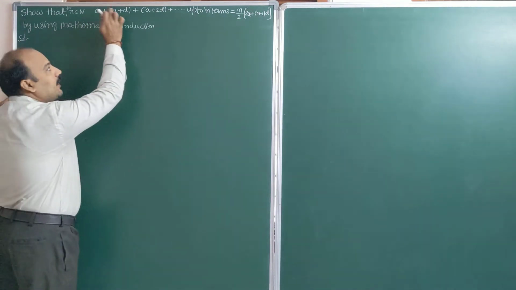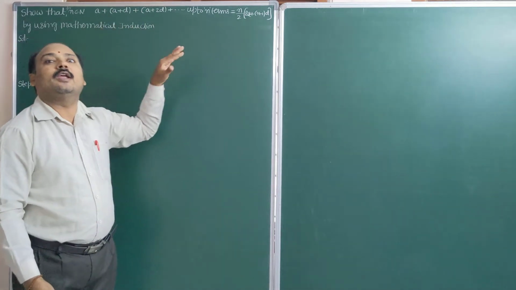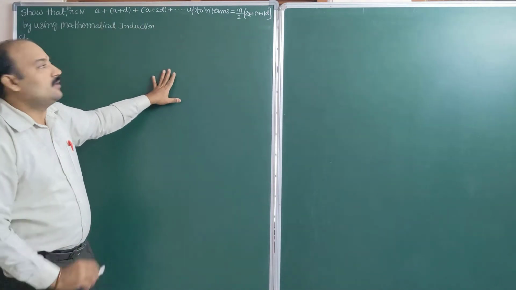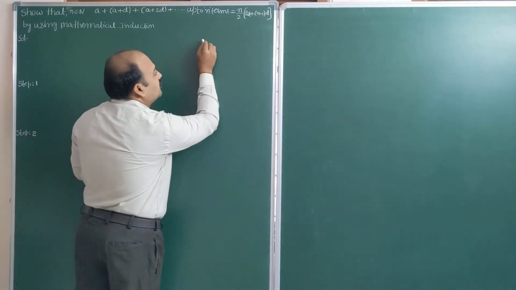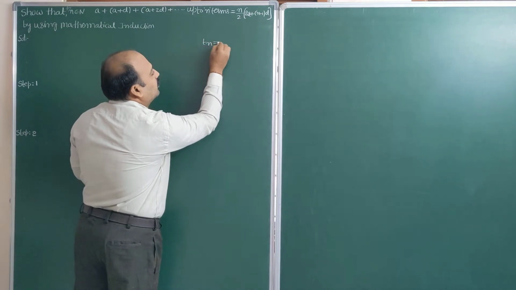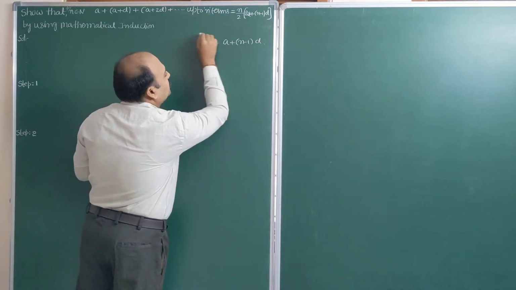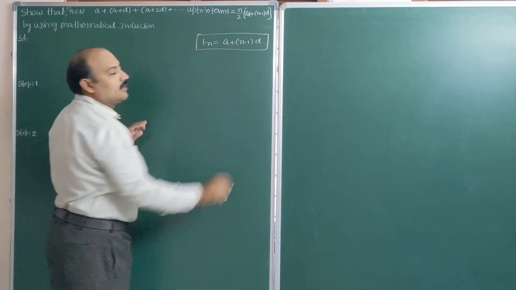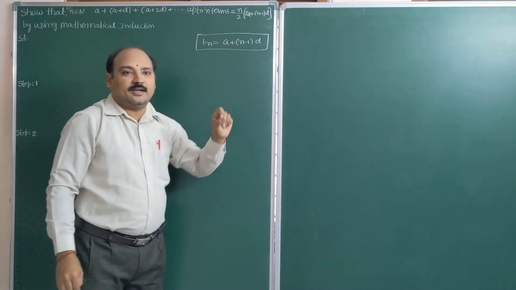Here a plus d, a plus 2d, if you observe, are absolutely in AP, arithmetic progression. So what is the nth term of an arithmetic progression? Tn equals a plus n minus 1 into d, we know that. So in place of up to n terms, you replace with Tn.